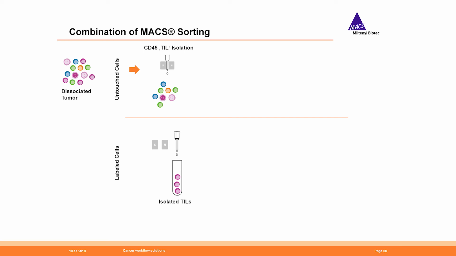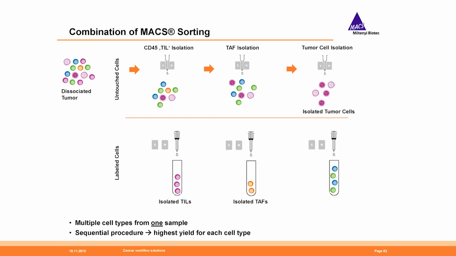Moving one step further, for example, in this case, they were also interested in the tumor-associated fibroblasts. So we have a kit also for that. We keep the tumor-associated fibroblasts on the column, so we isolate them afterwards when we take it out of the magnet and work with these cells as we continue on. Or with the last step, you can then use the tumor cell isolation kit, keeping everything that is non-tumor on the column, which is released afterwards, and your tumor cells go through.